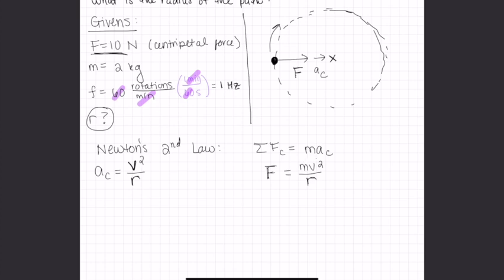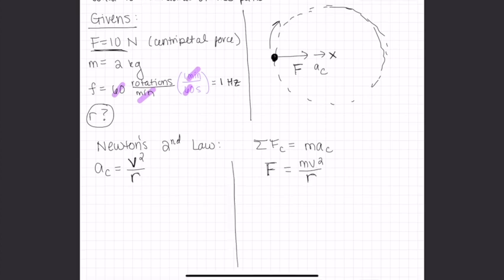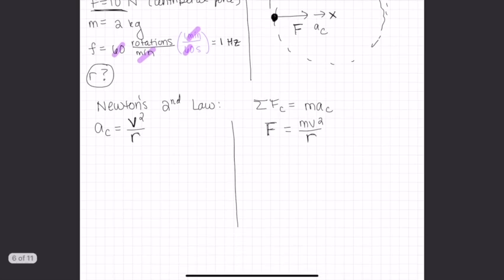Well, we don't know v explicitly, but we can get v from the frequency, the rotational frequency that we have. And we can approach this 2 different ways as well. So the easier way to do it is just using an equation, which some professors will give you. I feel like some don't, but it's 2 pi r times the rotational frequency will give you the velocity.